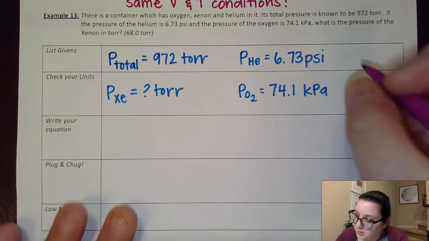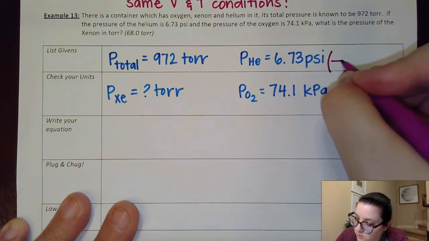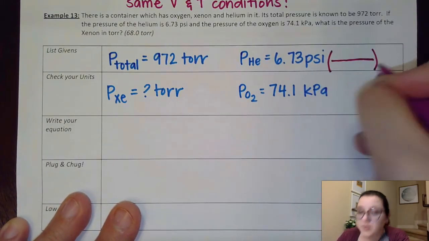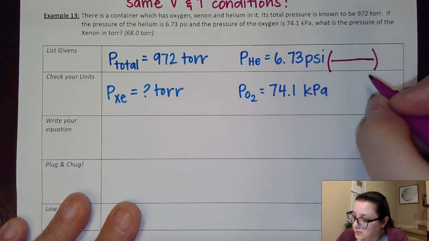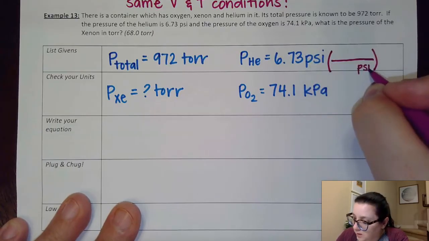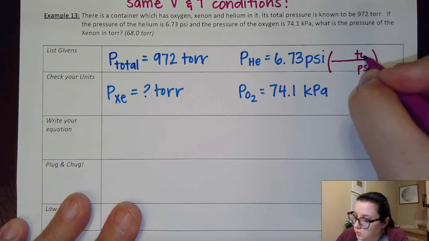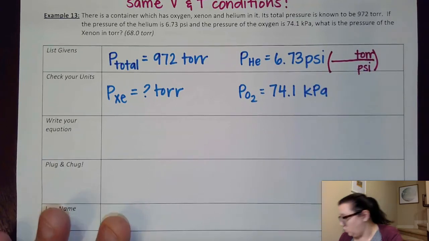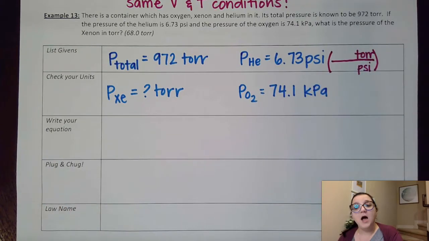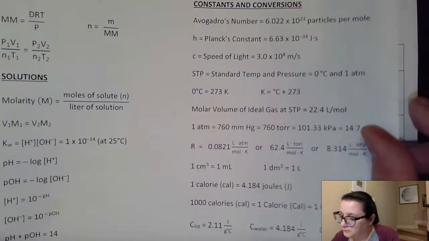So just as a reminder, any kind of pressure conversion is always going to take one step. Whatever unit you have here, so PSI would go on the bottom, and I'm trying to get it here into torr. It's always going to take one step to make that calculation. I do need to look at my formula chart to get these equalities here.